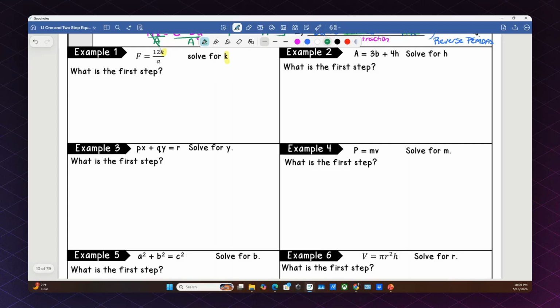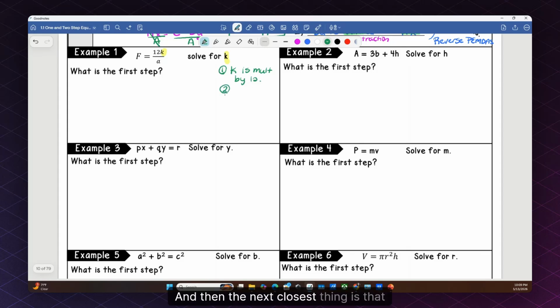So closest to k, k is multiplied by 12. And then the next closest thing is that 12k is divided by a.